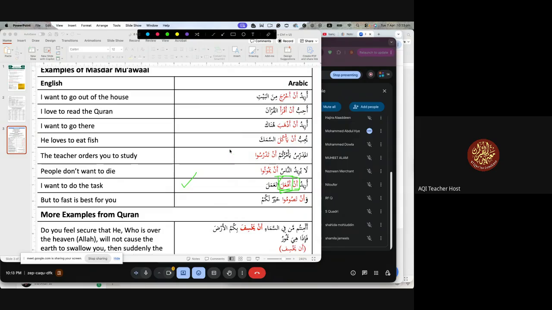Fa'ala is the root verb. Can you remember the Mahdi chart? 14 Mahdi chart: fa'ala, fa'alu, etc. Mahdi direction and Mudari direction is fa'ala, yaf'alu. Remember? If you try to remember from yaf'alu, go downwards and find this af'alu.